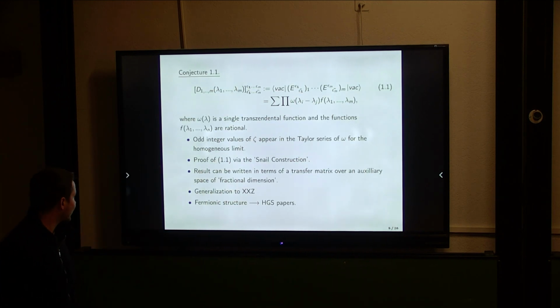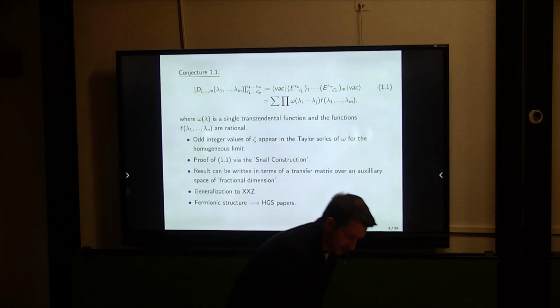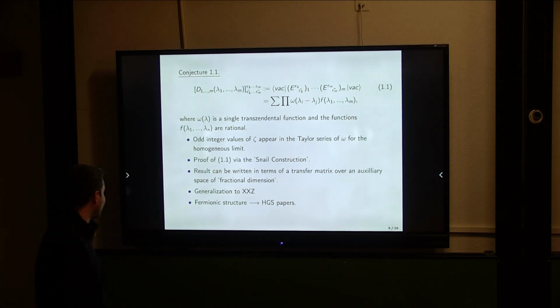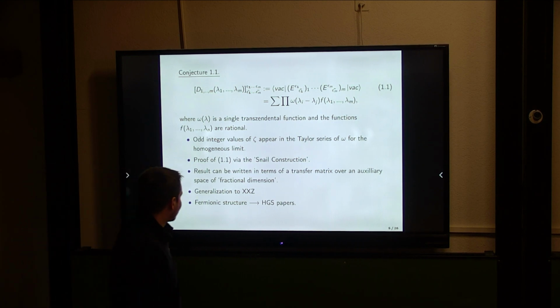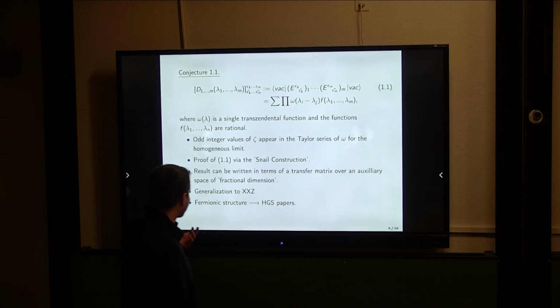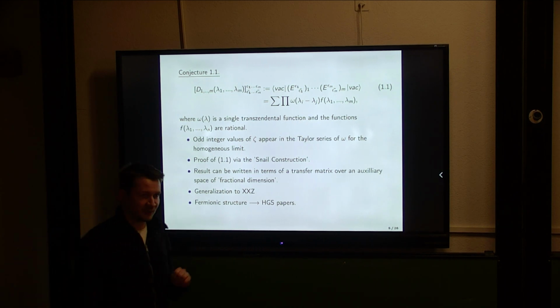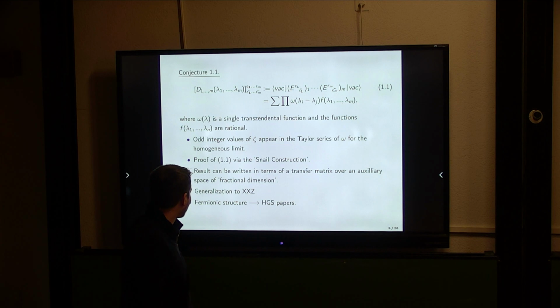So the first conjecture that was kind of surprising was that one could write the density matrix in terms of sums of products of one single transcendental function, omega, as Hermann already mentioned yesterday, and some rational functions f.